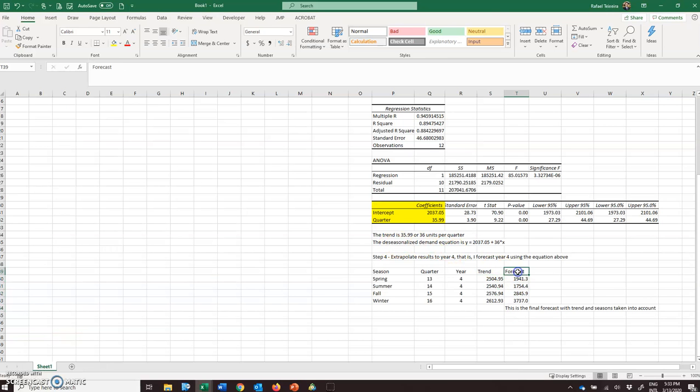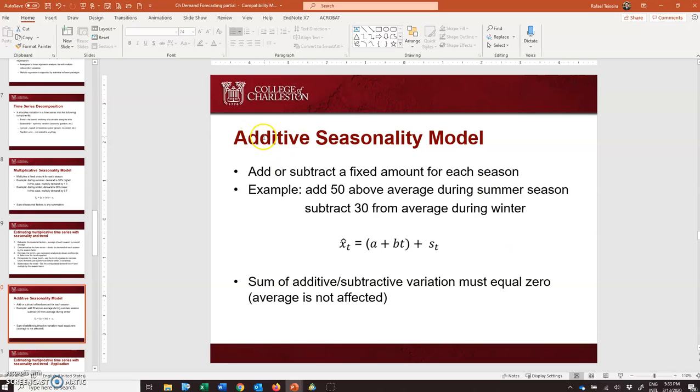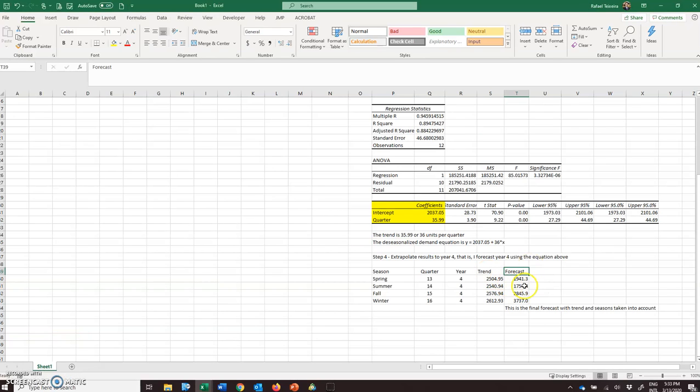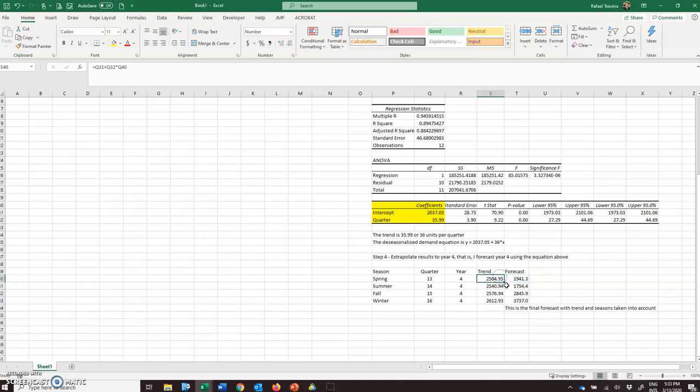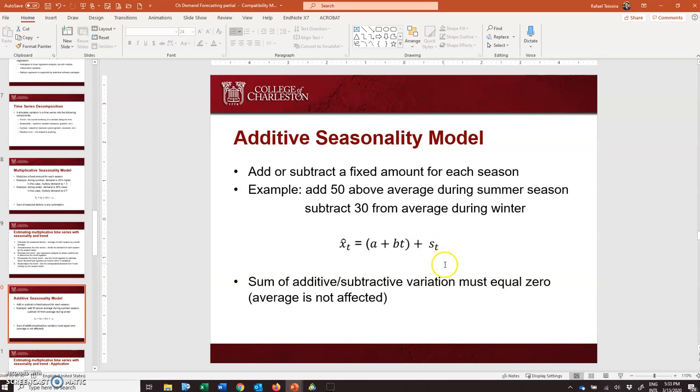But the final forecast using the additive model is that we sum a given amount to this demand. So instead of multiplying, we add a given amount to this trend, depending on how the season is.